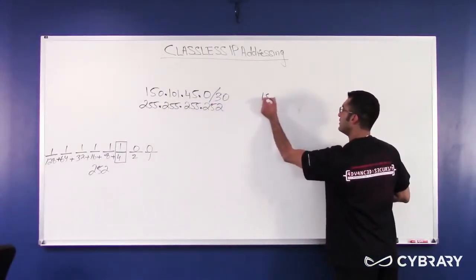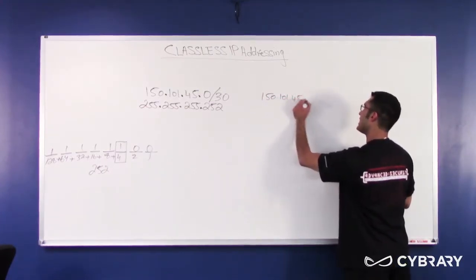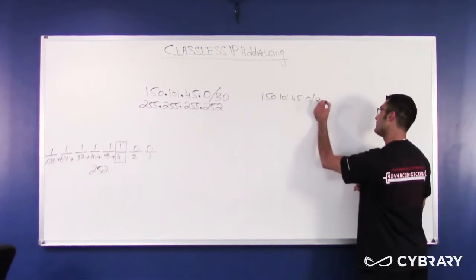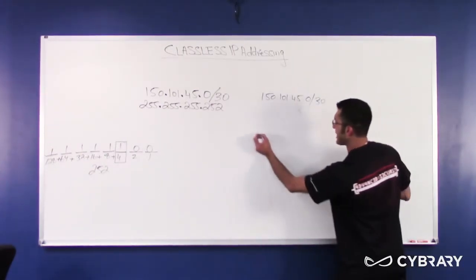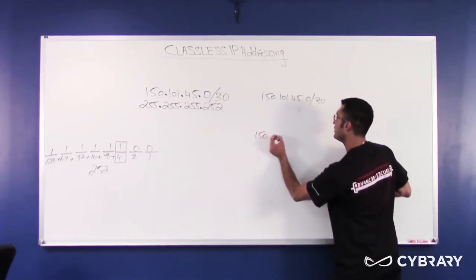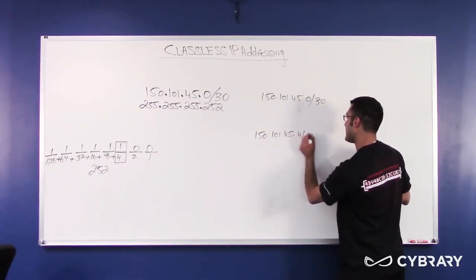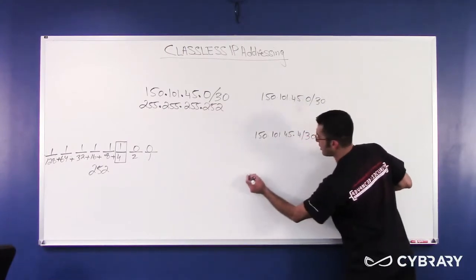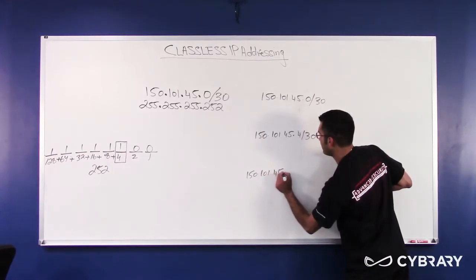So you start at 150.101.45.0/30. My next street over, or my next network, starts at 150.101.45.4/30. My next one will start at 150.101.45.